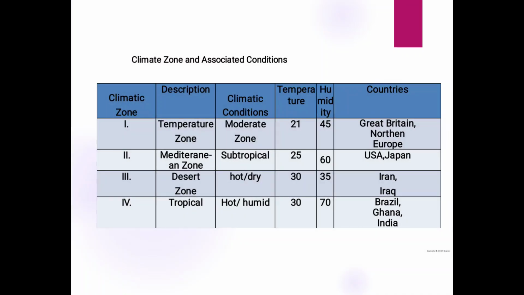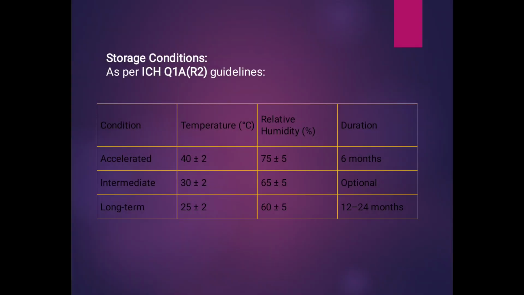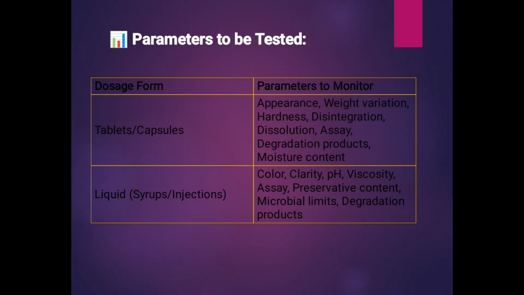There are different climatic zones associated with storage conditions: accelerated, intermediate, and long term. Parameters to be tested for tablets and capsules: the tablet evaluation tests are appearance, weight variation, hardness, disintegration test, and moisture content.